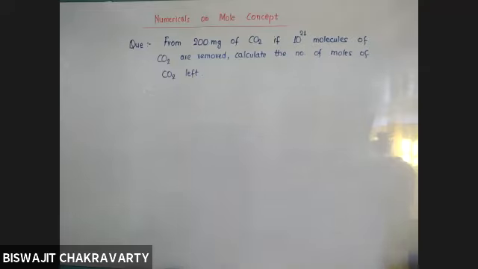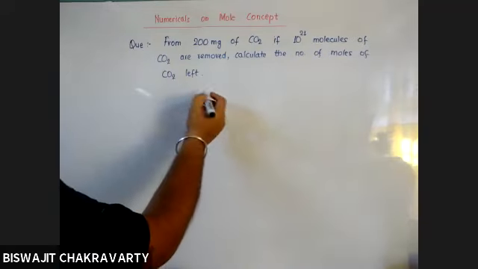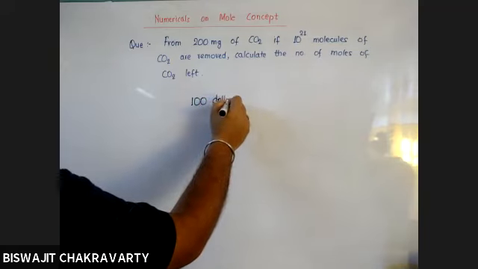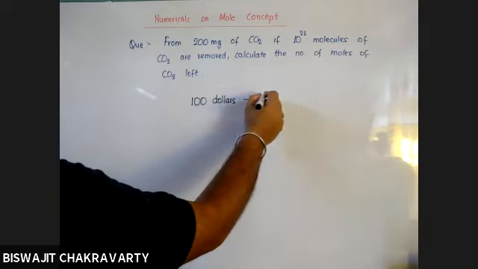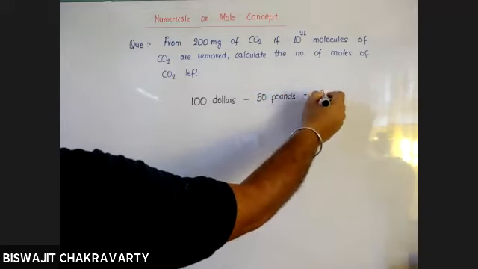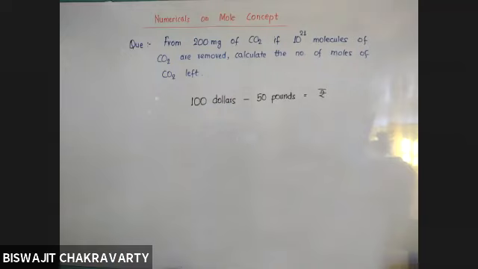So it is just like saying that from $100 you are removing 50 pounds, then what will be the amount of rupees left? What will you do in order to solve such kind of questions?